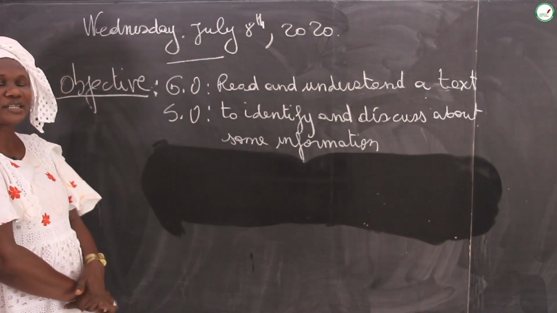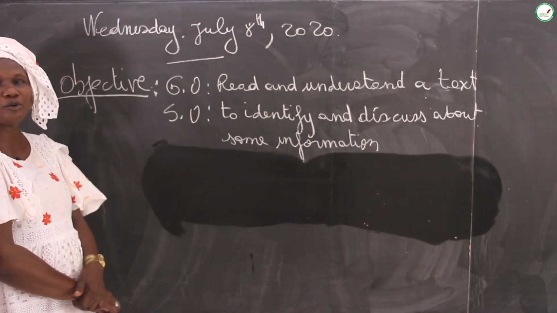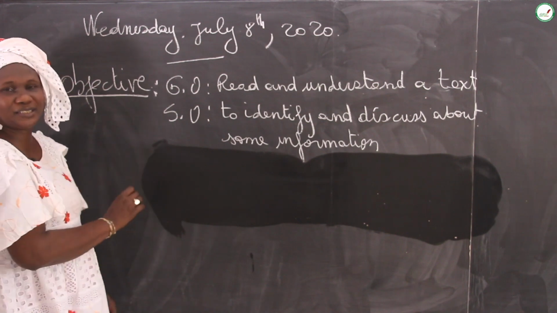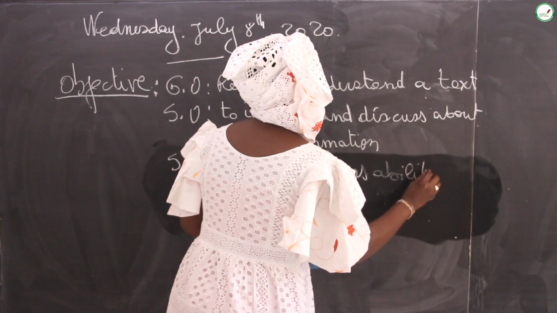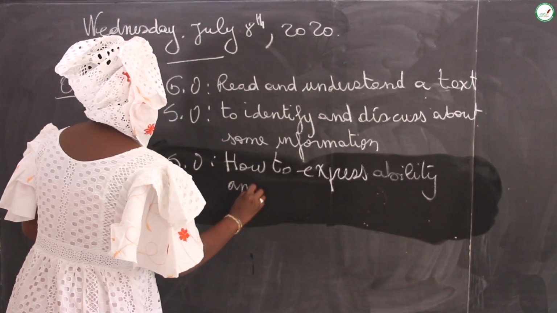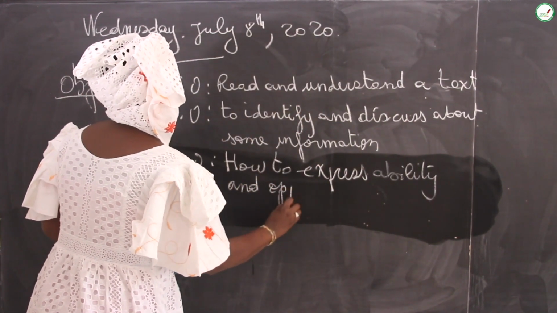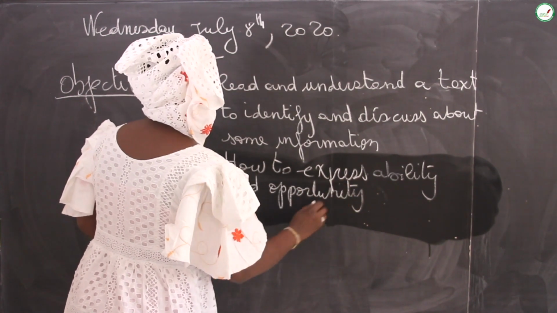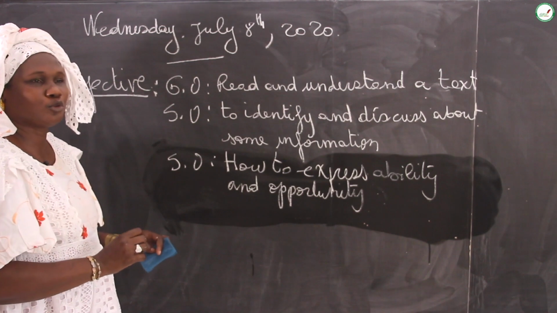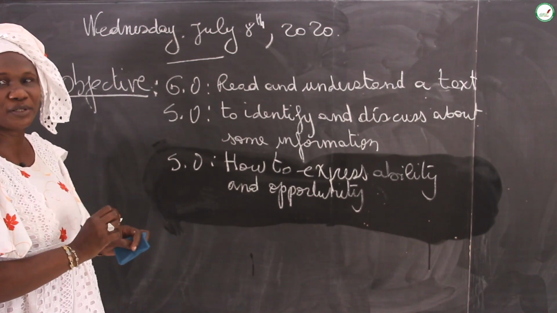So our second objective will be how to express ability and opportunity and how to offer or request permission.